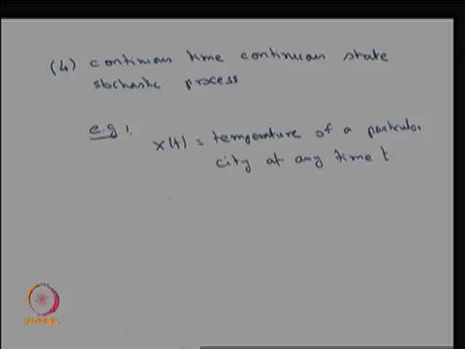Therefore, the possible values of S is going to be the temperature. So, you can think of the temperature, suppose some particular city lies between -50 to 60 degrees Celsius. So, this quantity S is going to be the Celsius of -50 to positive 60, and the parameter space t is going to be the time over which you are observing. Therefore, this time is greater than or equal to 0.